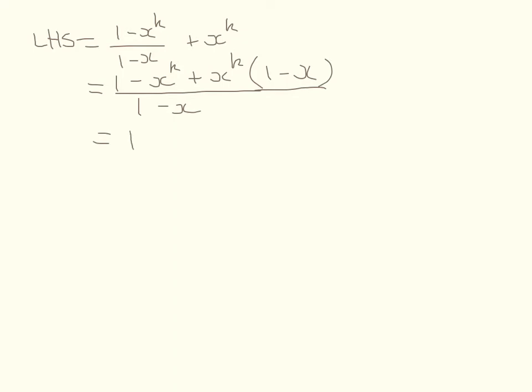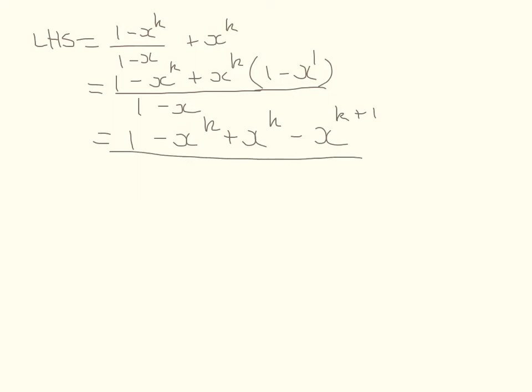And if I simplify this, now x to the k times x to the 1. Well, if I multiply two things that have the same base, I add the indices.